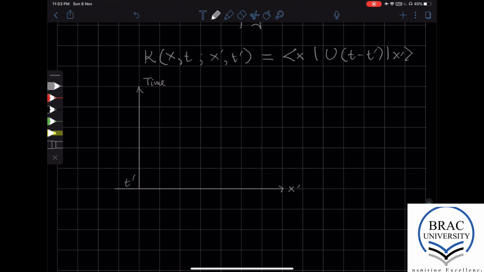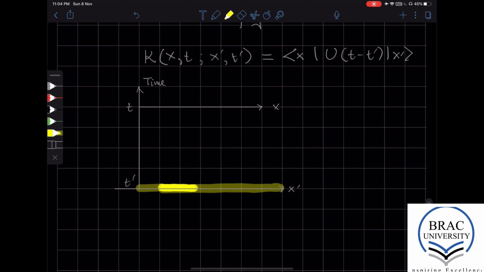And at some future time, say t, we label space by x. And what we have is that we are given the initial value of the system at time t prime, which means that we know what the value of the wave function is along x prime at t prime. So this is psi of x prime, t prime.